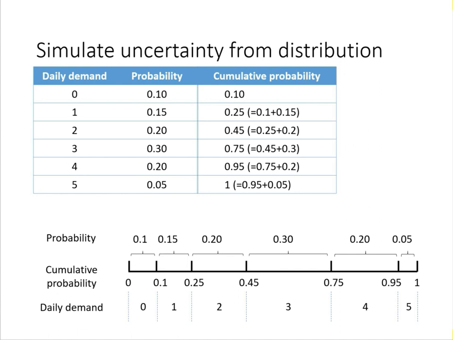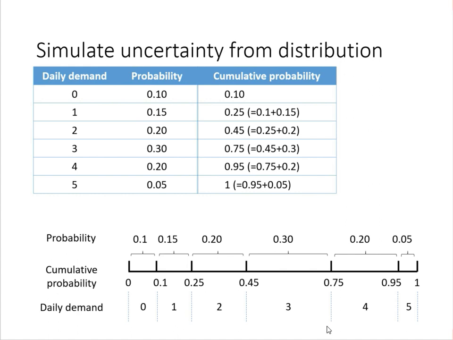Let me give you another example. Let's suppose this magical device now gives me a different number, and it is 0.554. This number, as you can see, is in this range. So I'm going to conclude that my simulated demand is 3.